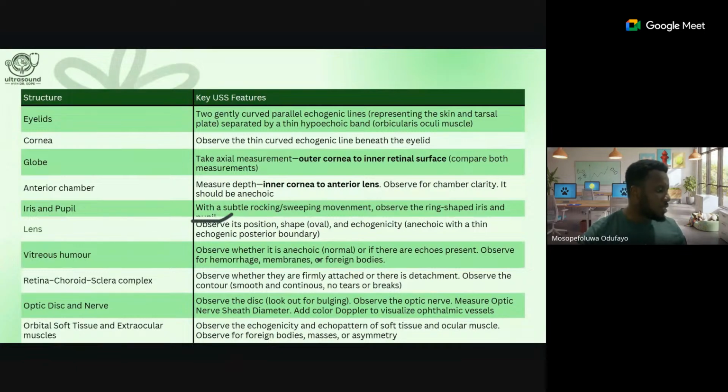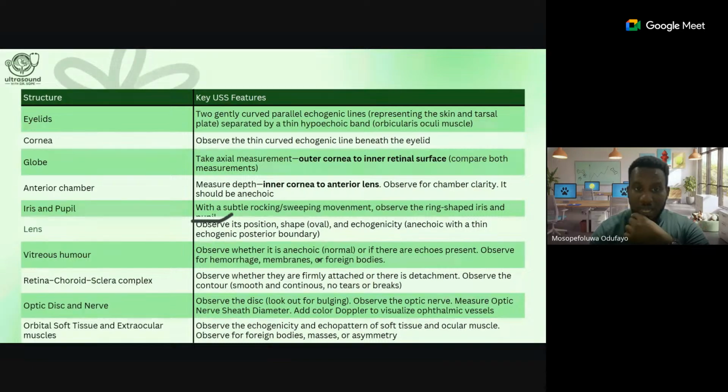So you're not supposed to have foreign bodies inside. You're not supposed to have hemorrhaging inside. You're not supposed to have any single internal echo inside. It's very important that you observe for that. And if you see any of those things, there are firmly attached, there is a detachment for the retinal choroid scleral complex.